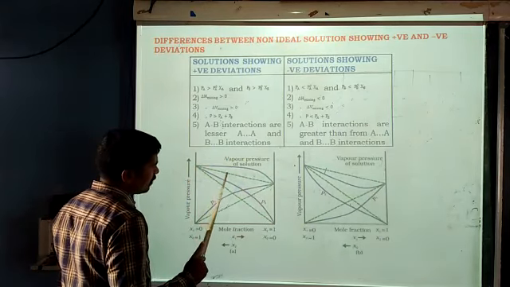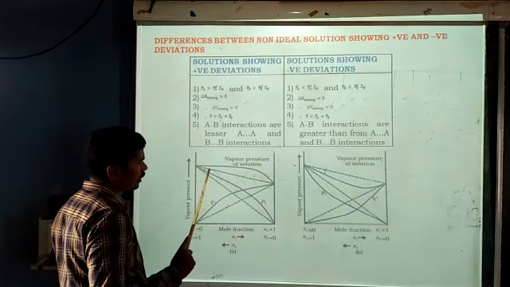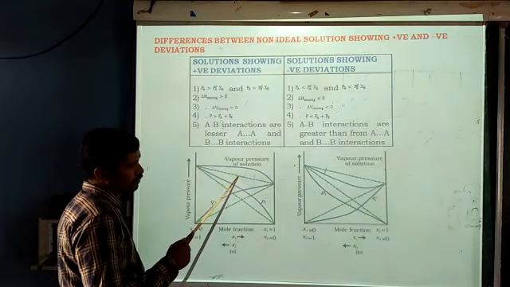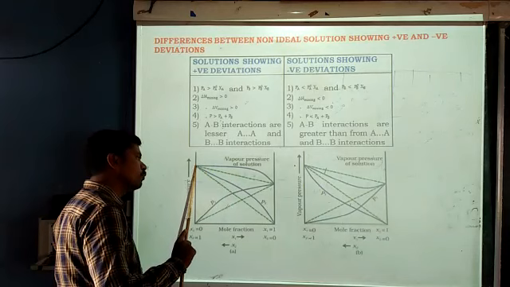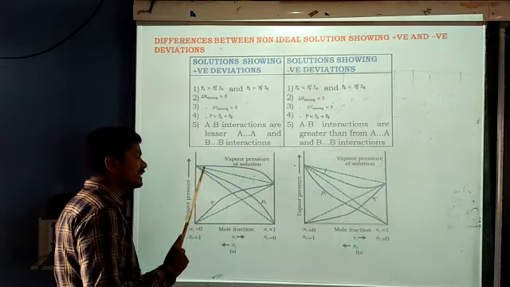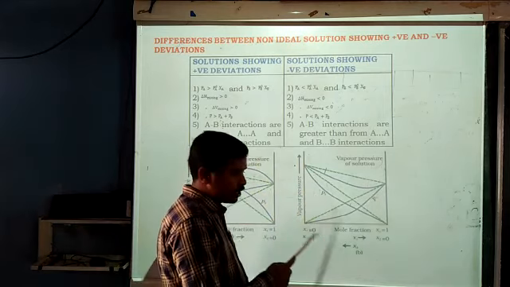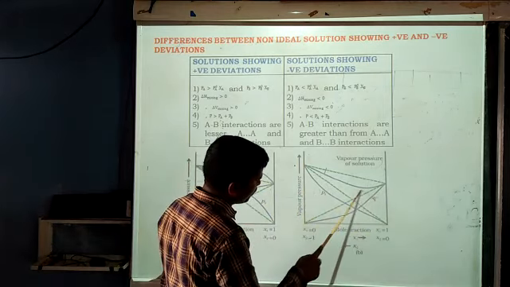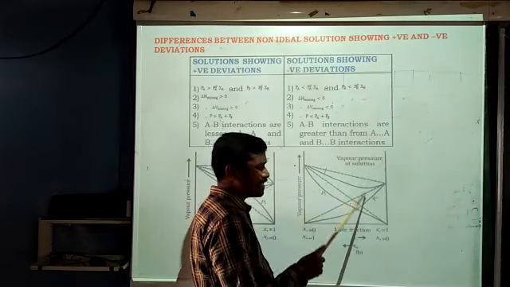Look at here. This is the total vapor pressure calculated from Raoult's law. But what is happening here? Look at the blue line. The vapor pressure increases here. The green lines are the values calculated from Raoult's law.